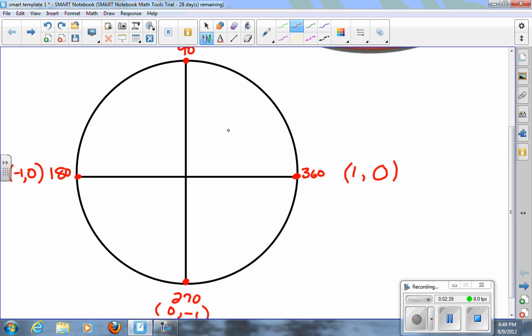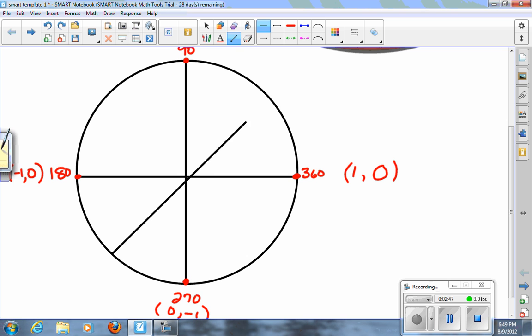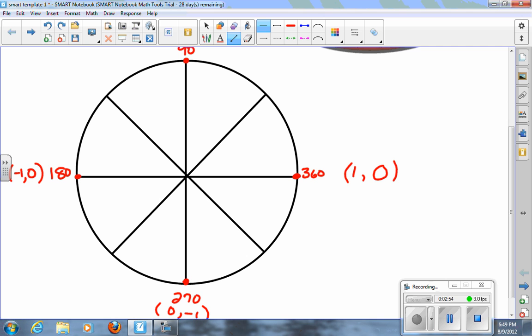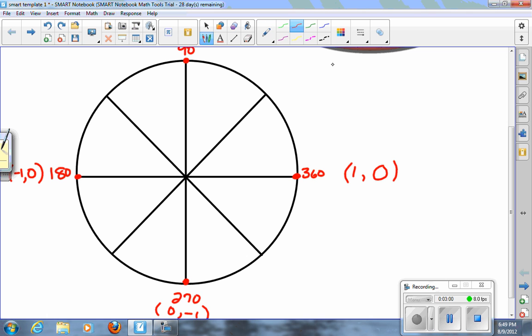Okay, if you split these up into 45-degree angles, which are called quadrantal angles, as if you were maybe cutting a pizza or a pie, you kind of start to see this thing take shape.